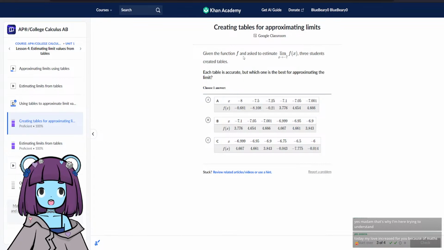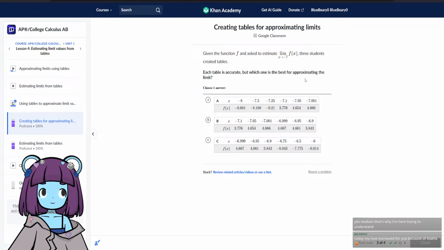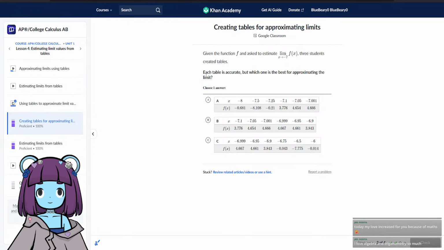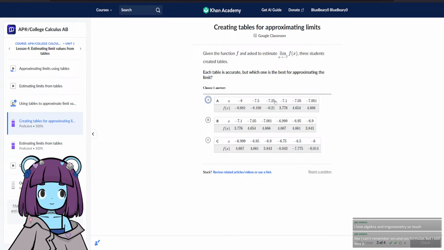Given the function f and asked to estimate the limit as x approaches -7, 3 students created tables. Each table is accurate, but which one is best for approximating the limit? Okay, I read that wrong.